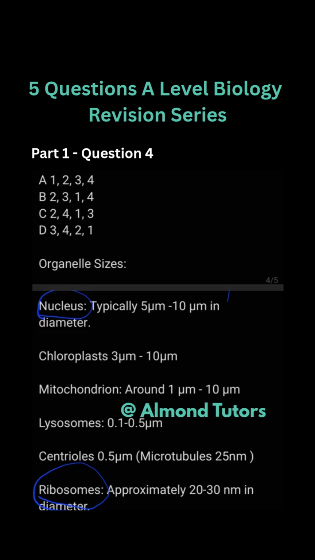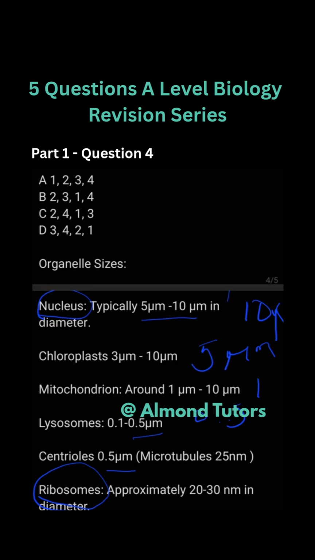If I was looking at the measurements we've been given here, I'll probably put 10 micrometers for the nucleus. Then I give the chloroplast 5. It will still be within range. And then for the sake of remembering, I give mitochondria 1. And then I give lysosomes 0.5 micrometers. Centrioles will be similar to mitochondria, or centrosomes.